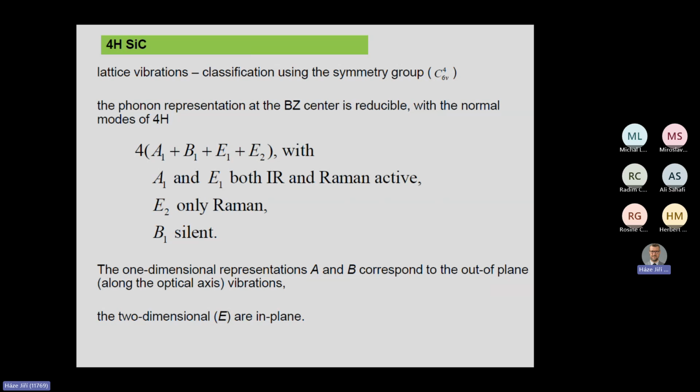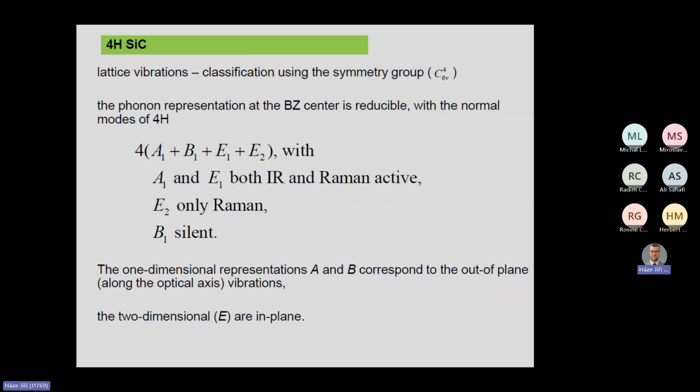And we know that A1 and B1, one-dimensional irreducible representations, mean the vibrations along the optical axis, vertically, and the two-dimensional of the type E are in plane.